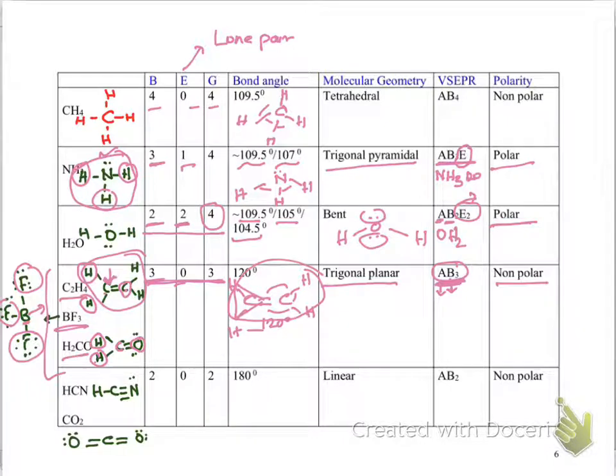In C2H4, if you look at this carbon, it is bonded to 2 hydrogens and 1 carbon. So all 3 atoms are not the same. That means I cannot tell right now whether this molecule is polar or non-polar based on AB3. So at this time I cannot say. The only thing I can say about C2H4 is the bond angles are 120 degrees and the shape is trigonal planar. What about BF3? BF3 is trigonal planar shape.